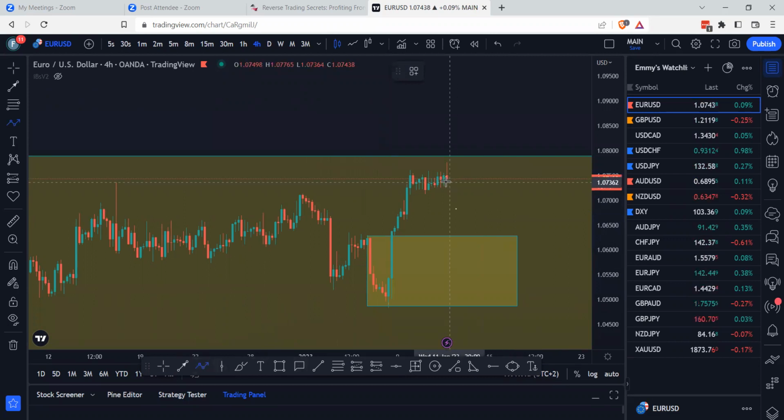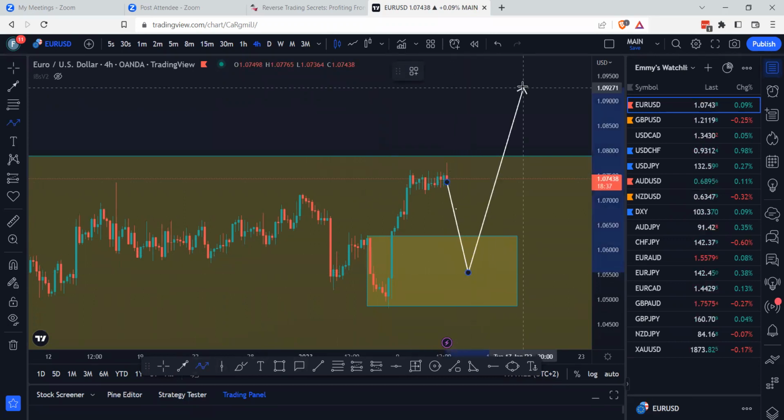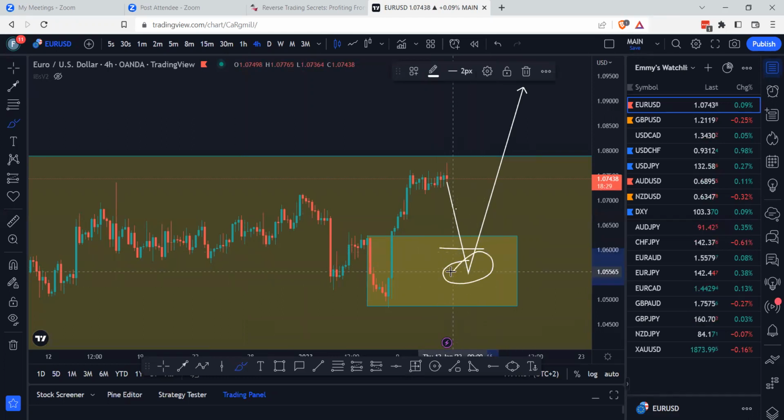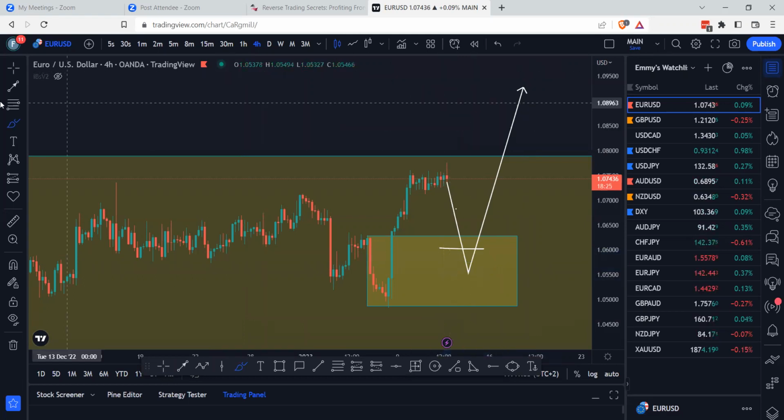If you buy, you wait for price to retrace into this zone and then look for buy setups. Also, before you buy, you need to see liquidity being grabbed first, and then look for buy setups below, okay? So that's what we have on Euro USD, but let me align it properly.